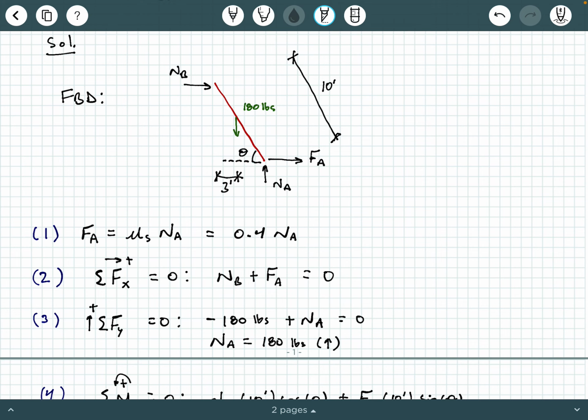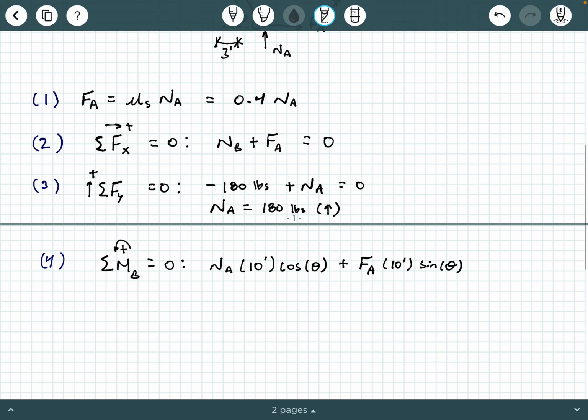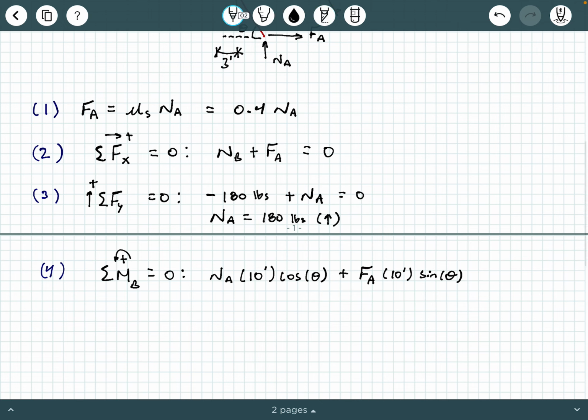NA is causing a counterclockwise moment about point B, and FA is also causing a counterclockwise moment about point B as well. So both of these are positive. And then finally, we're going to have minus 180 pounds conveniently times its 3-foot perpendicular distance, all equaling 0.